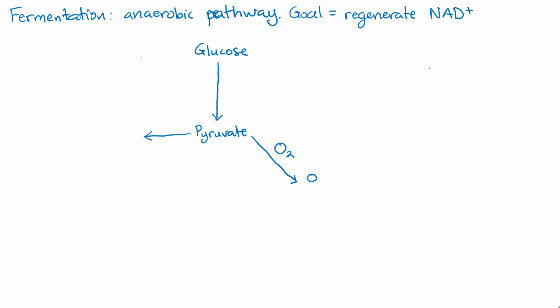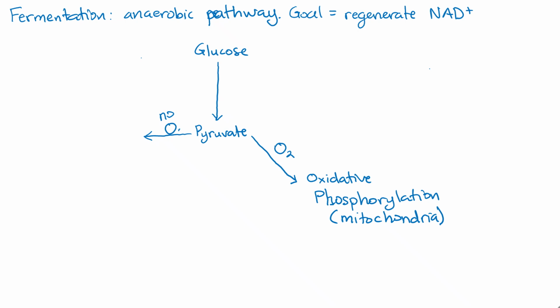It undergoes oxidative phosphorylation inside the mitochondria. Obviously, all the other steps are there as well, such as pyruvate oxidation and the Krebs cycle. It produces a lot of ATP with oxygen. That's the point. And then there's the option of no oxygen, where it undergoes a process called fermentation.